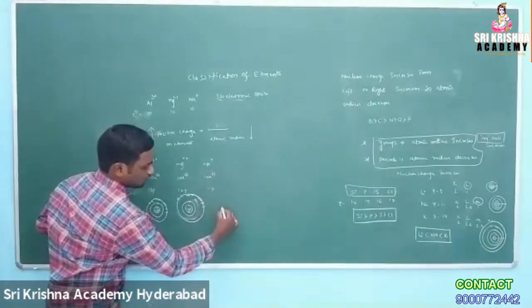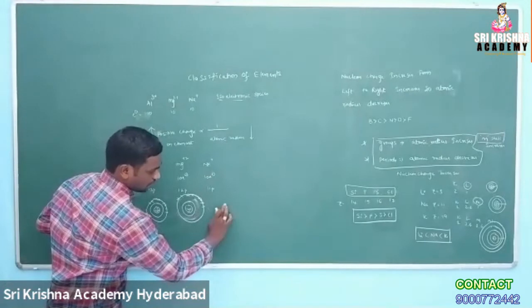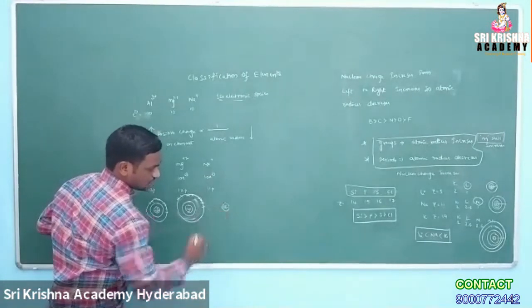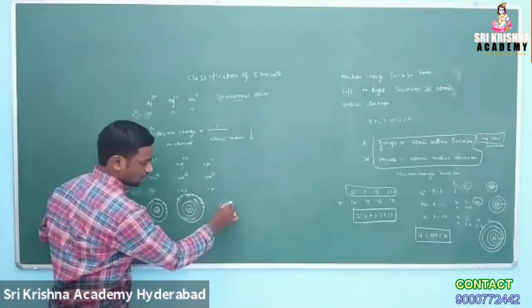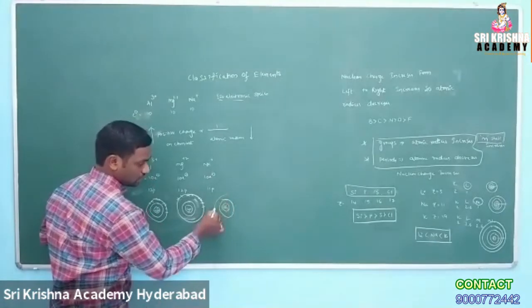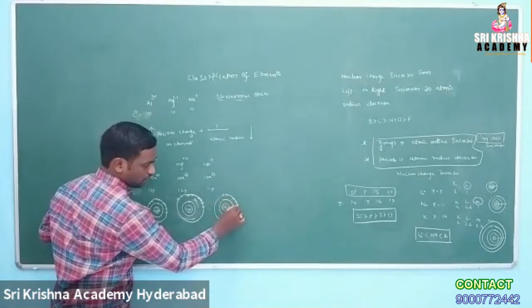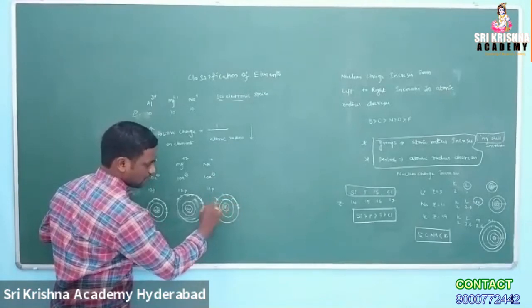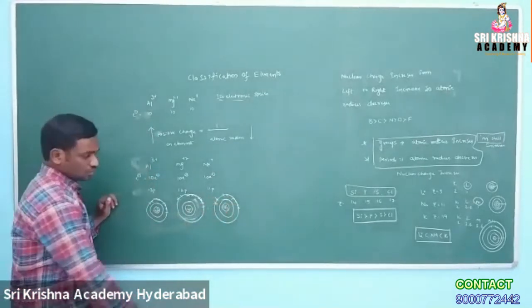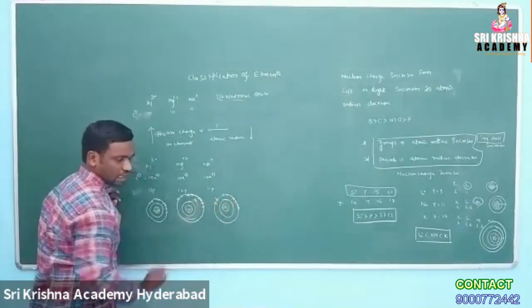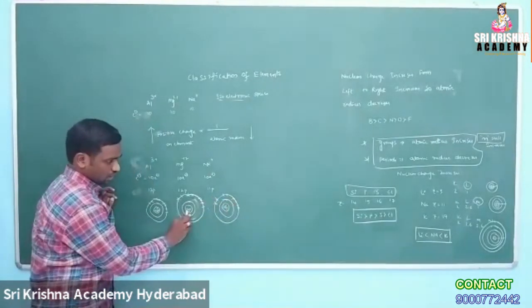Next, the sodium case. Sodium nucleus has 11 protons inside. K shell has 2 electrons and L shell has 8 electrons: 1, 2, 3, 4, 5, 6, 7, 8. So 11 protons are attracting 8 electrons.